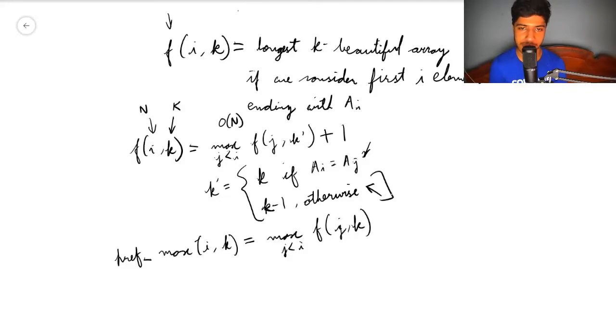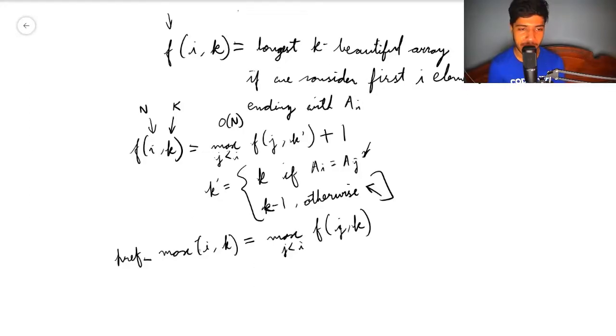So this value is for every aj that is not equal. If it's equal, it's k beautiful. Otherwise it will be k plus 1 beautiful. But something that is already k beautiful is also k plus 1 beautiful, right? So we don't have a problem here.